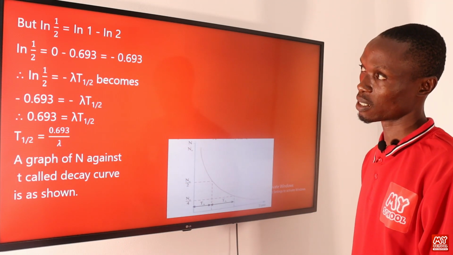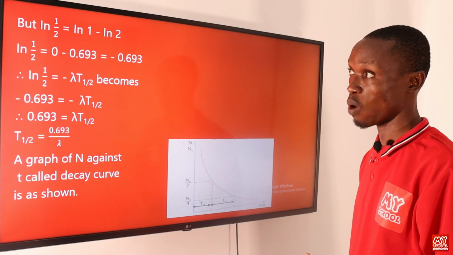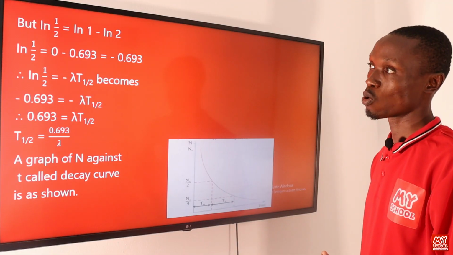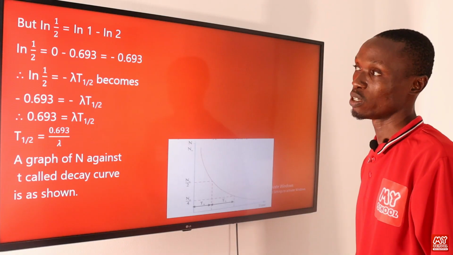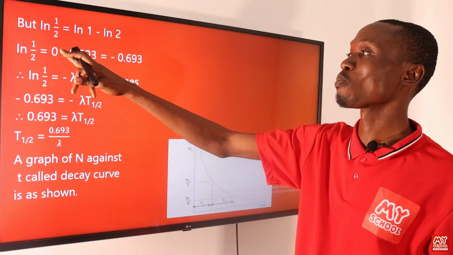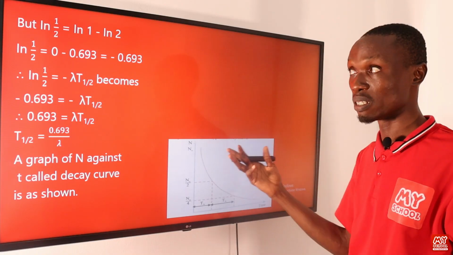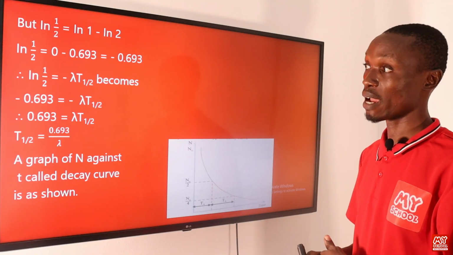But remember that ln 1 over 2 is the same as saying ln 1 minus ln 2. Okay, so ln 1 is equal to 0, while ln 2 is equal to 0.693. Right? So 0 minus 0.693 is equal to minus 0.693.